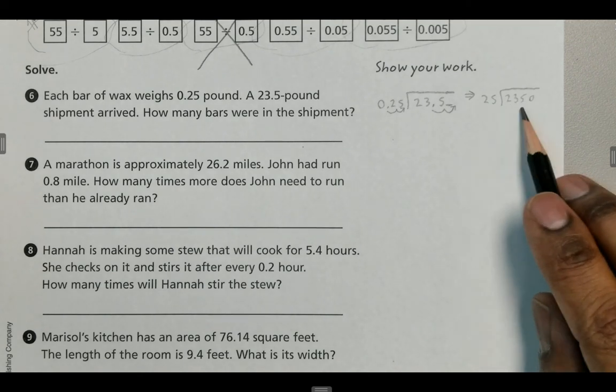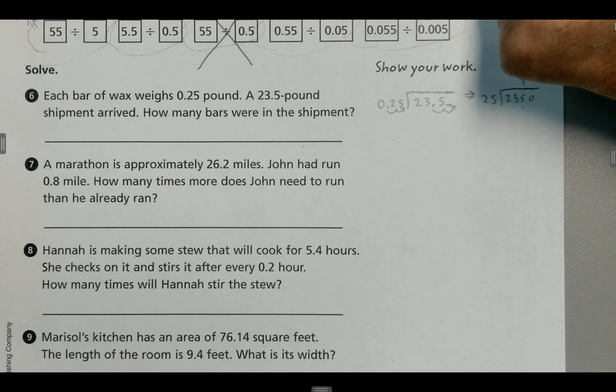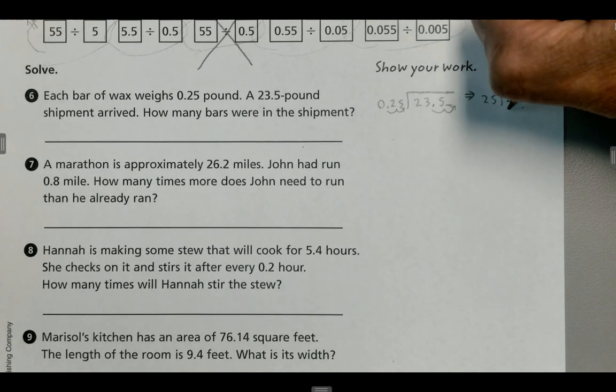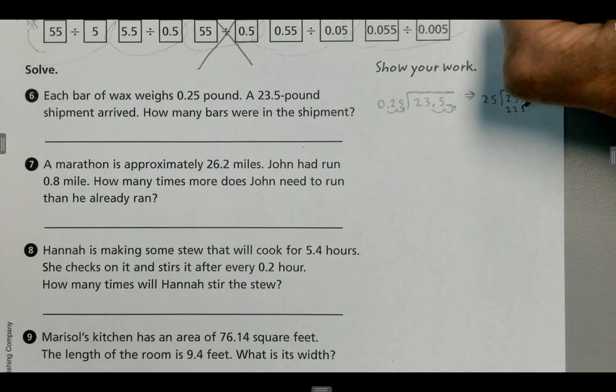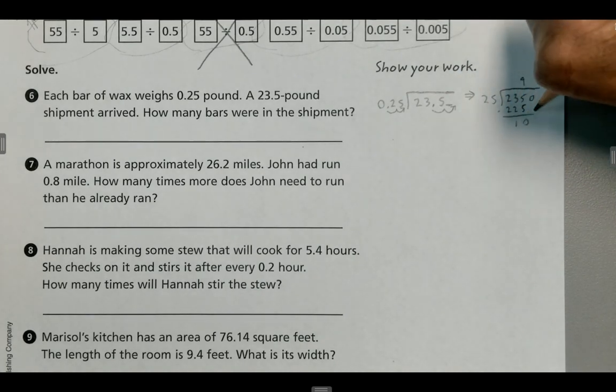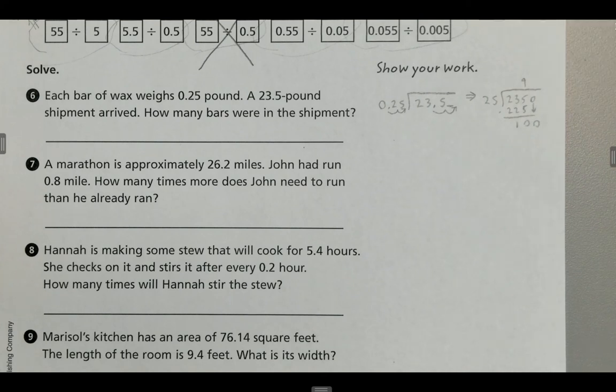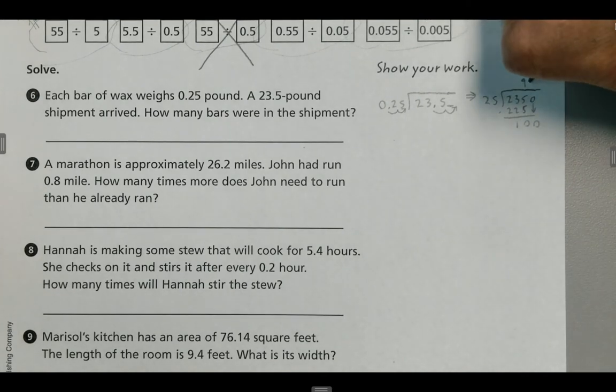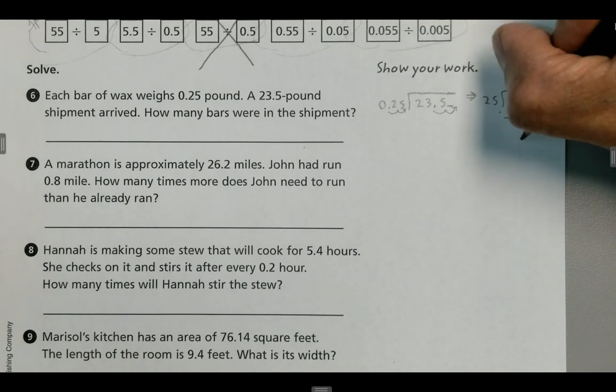No. How many times 25 goes into 235? I'm saying 9. 25 times 10 is 250. 25 times 9 is actually 225. Let's subtract. Let's bring down. How many times does 25 go into 100? 4. 25 times 4.